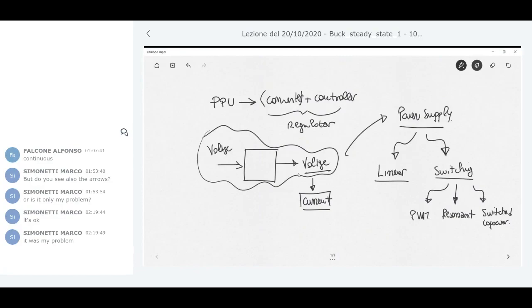So in this course, in what follows, I just focus on pulse width modulation switching regulators. This kind of regulator is sometimes also called hard switching.